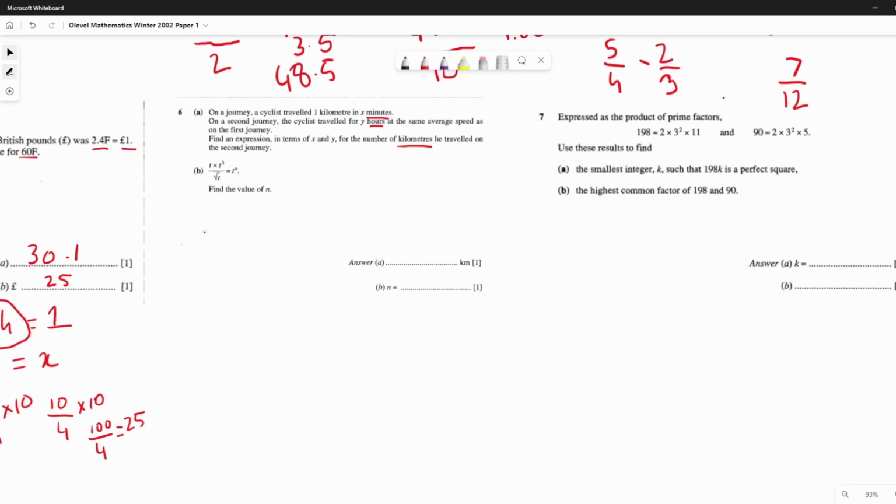So the first thing that we need is actually the speed of the cyclist in the first journey, and that is the same speed that we would apply for the second journey. So speed has a simple formula, which is distance over time. Now, since one of them is in hours and one of them is in minutes, it's better to convert both into the same.